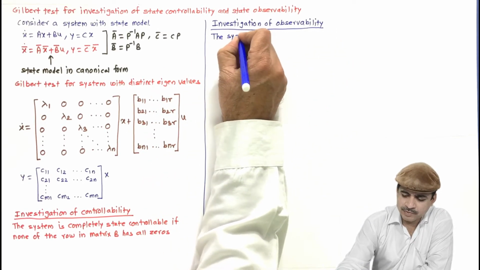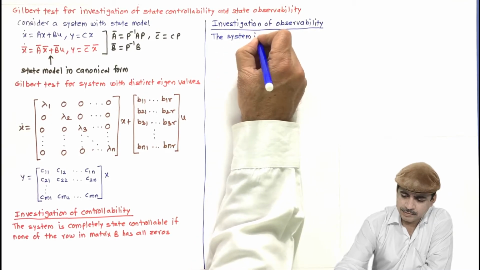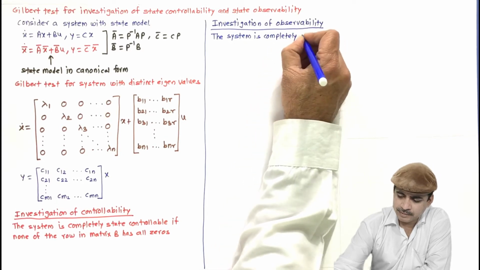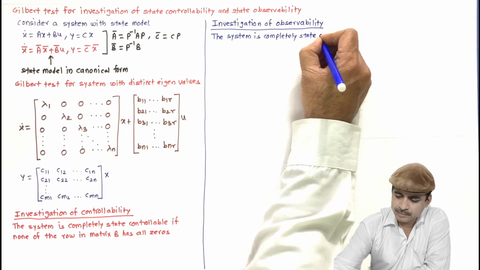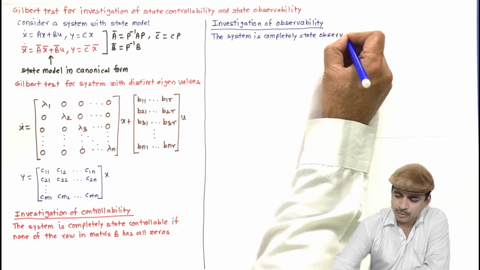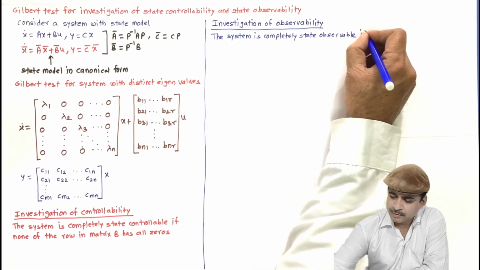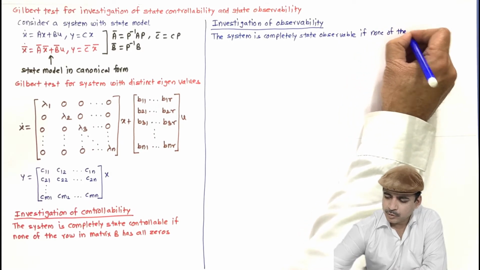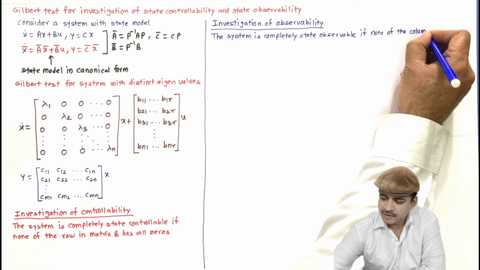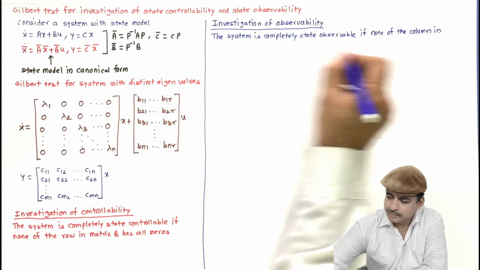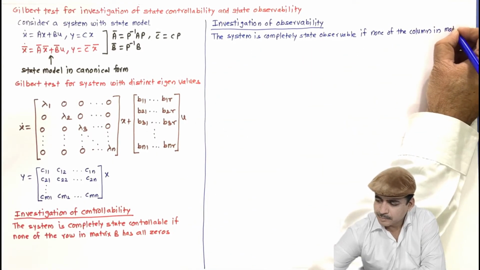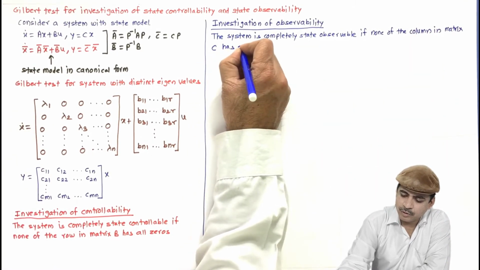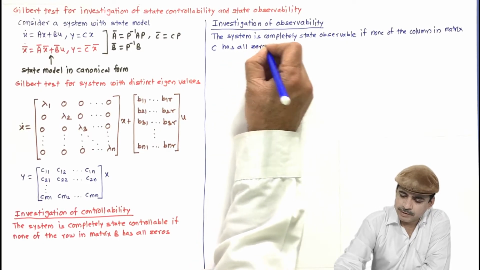The system is completely state observable if none of the columns in matrix C has all zeros.